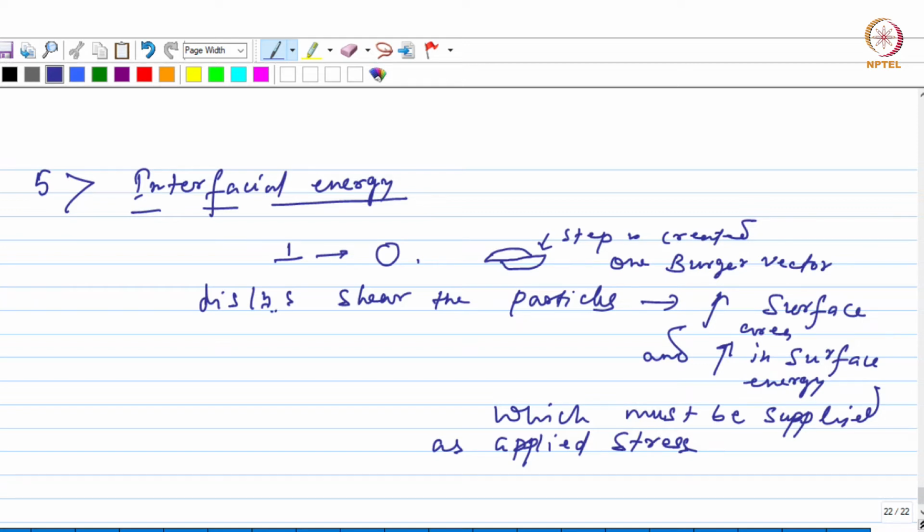And if you look at the strength increment delta sigma by this mechanism, it is given as follows.